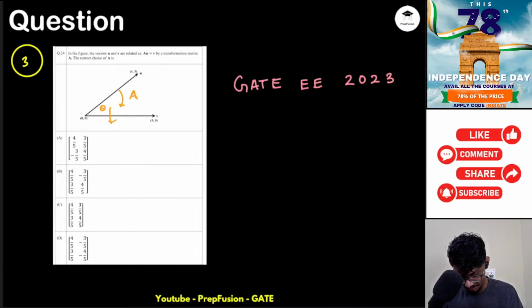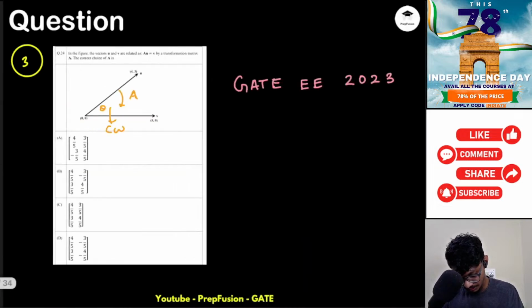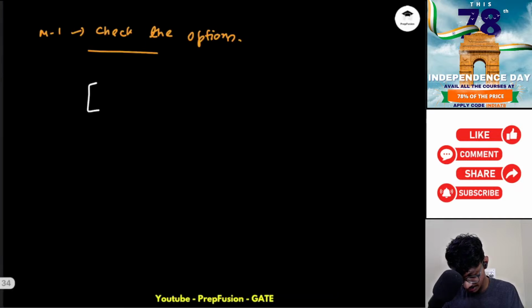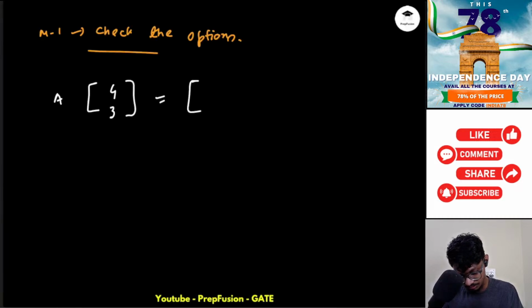They are asking what will be the correct choice of A. So what is my u? u is shown here, u is 4 comma 3. So I can write 4 comma 3 times A should be equal to 5 comma 0.